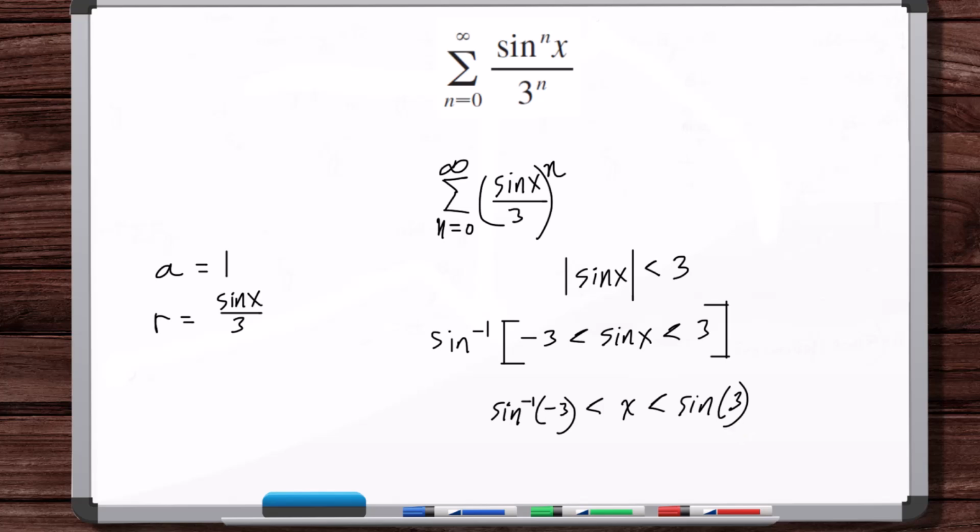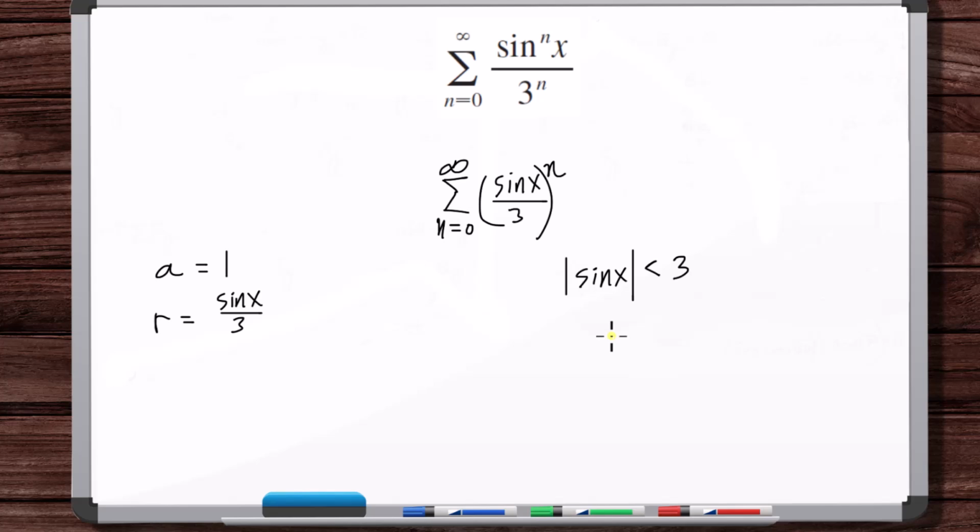actually, okay, hold on. I should have noticed this. Looking at this, do we need to solve this? No. The answer to this is any x. I don't know how you write that. No matter what x you put in, the absolute value is always going to be less than 3 every time because the range of sine is minus 1 to 1.